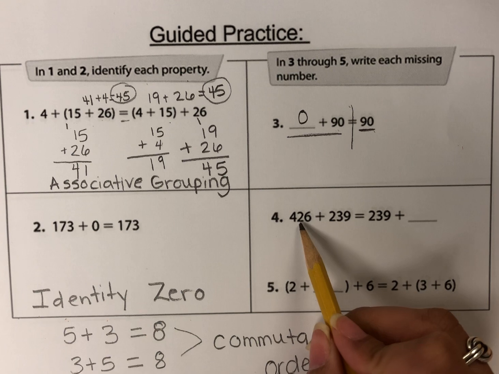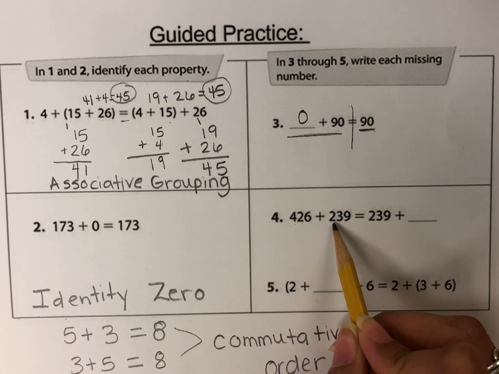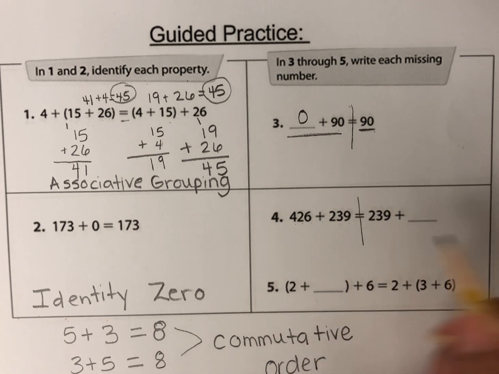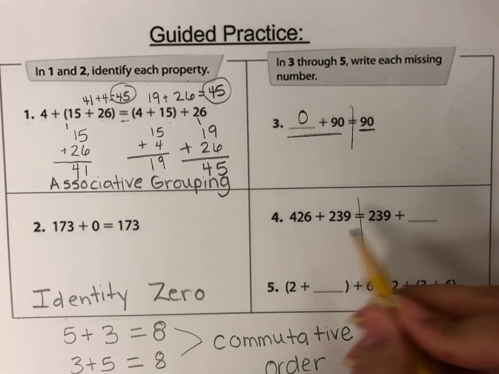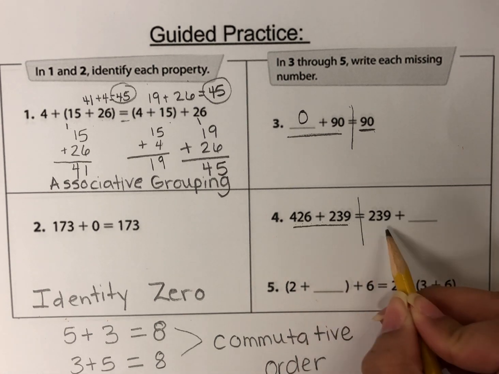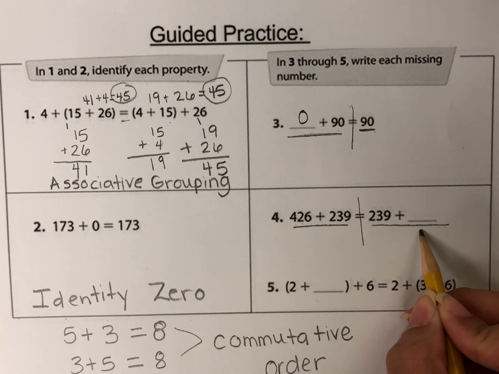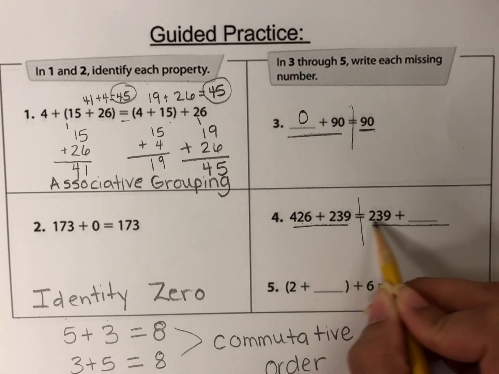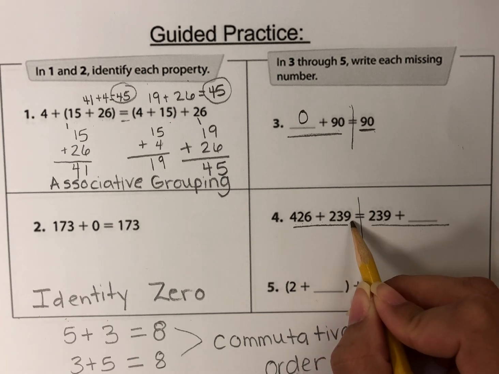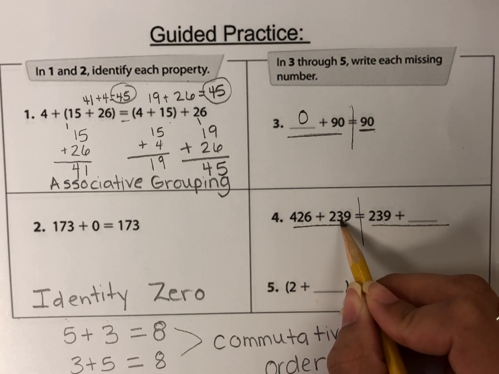Down below here, 426 plus 239. I'm going to draw a line on my equal symbol. The value of this has to be the same as the value on the other side. So I notice that I still have my two addends that are the same on either side, 239 on both sides.